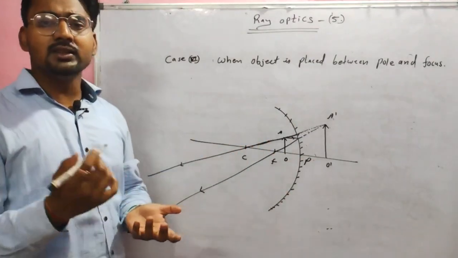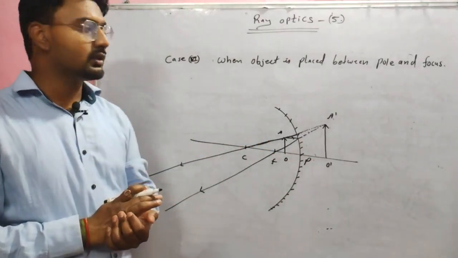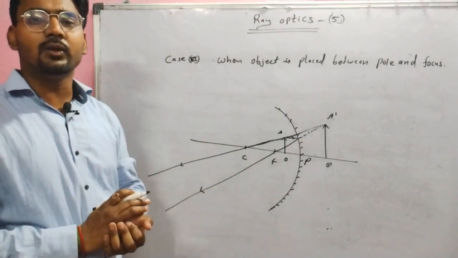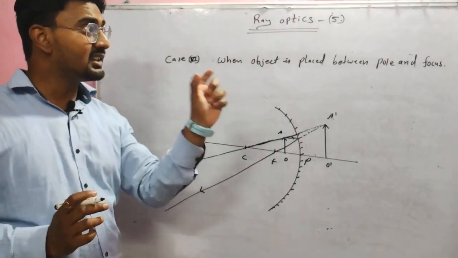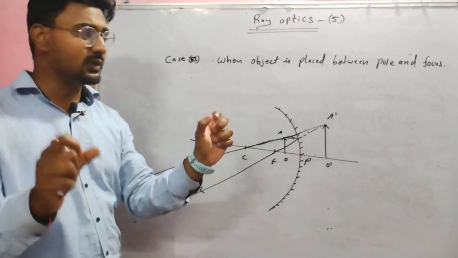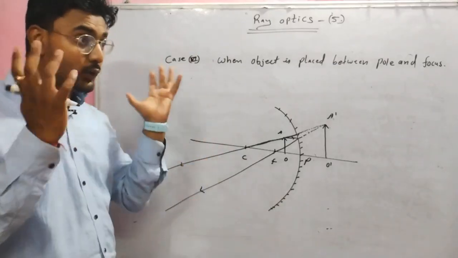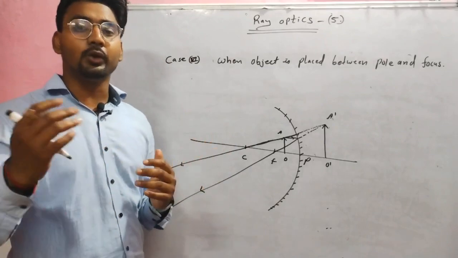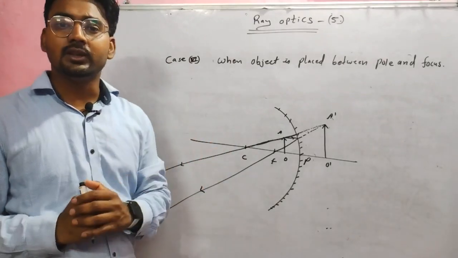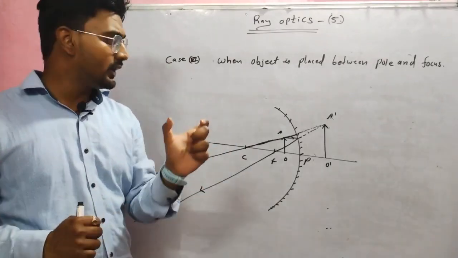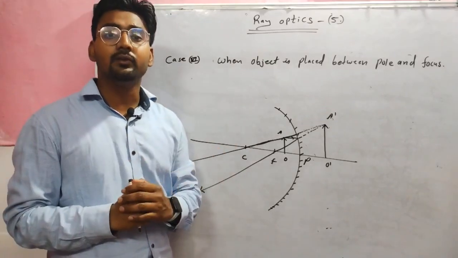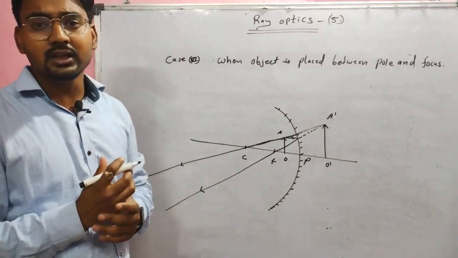We can learn this by using this concept that in daily life we think about negative. So in real life we think about negative. So magnification is negative. And in virtual life we think positive. So this magnification is positive. So when a real image is formed, then magnification is negative, and when a virtual image is formed, then magnification is positive.